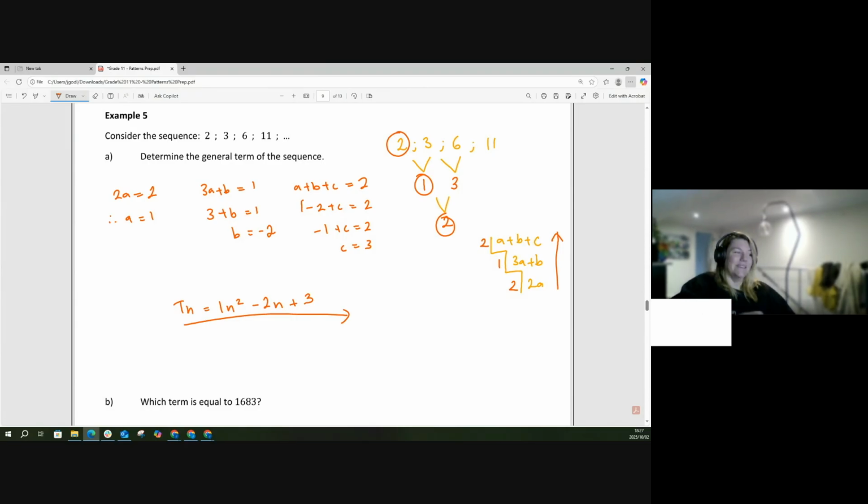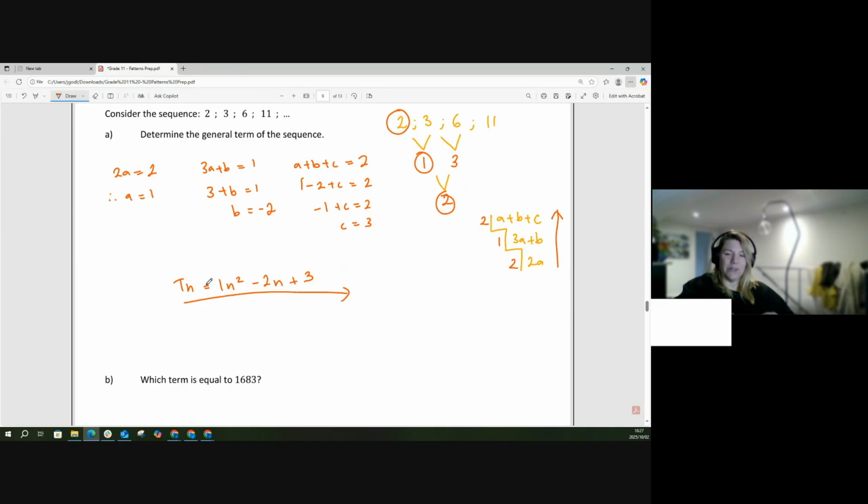Okay, so now my question is, which term is equal to 1,683? So what is n if Tn is equal to 1683?